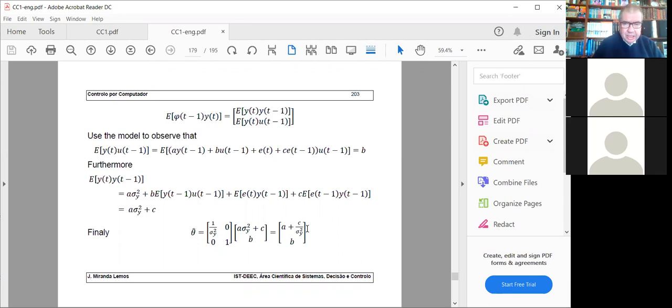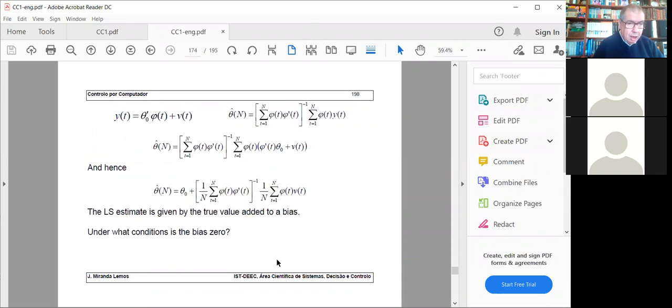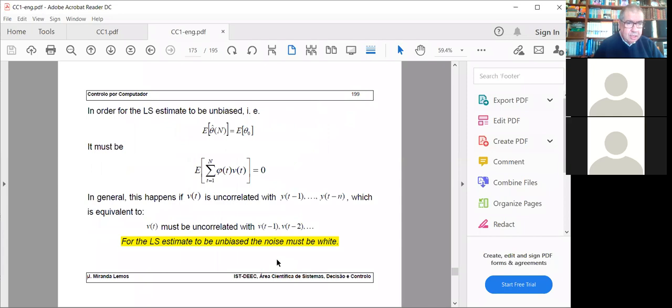Any question about this example? Okay, this is not simple. I know probably some of you are lost, if not all of you. Now you can generalize. And this is the objective of these three slides between 197 and 199.